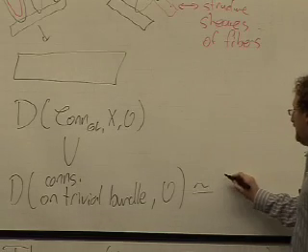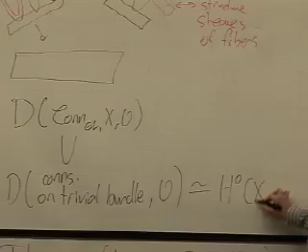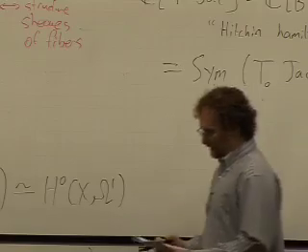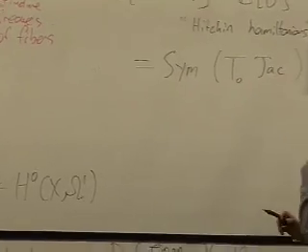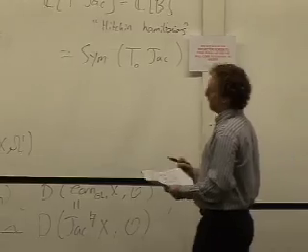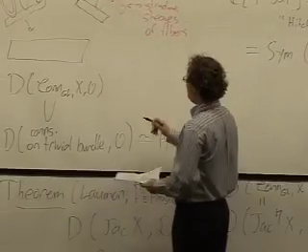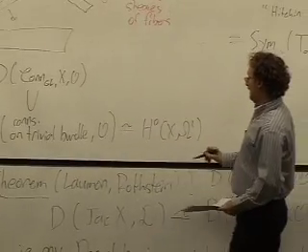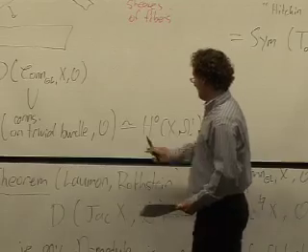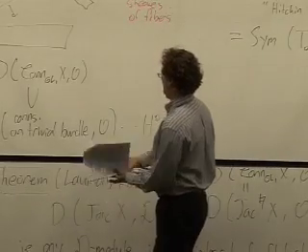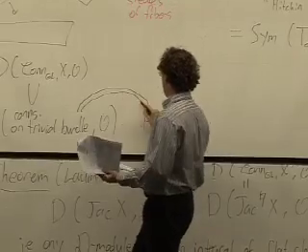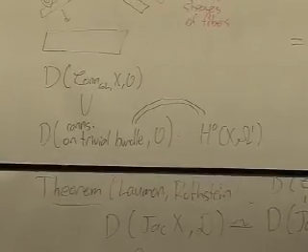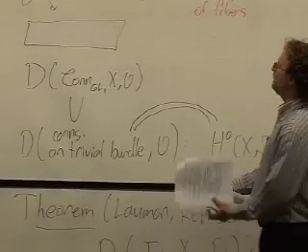But a connection on the trivial bundle really is the same thing as a one form. So this particular fiber I could really identify with a one form. So to any connection on the trivial bundle, we have a one form. So we have functions on this slice. So that's the space of one forms. The space of one forms is the same as connections on the trivial bundle.